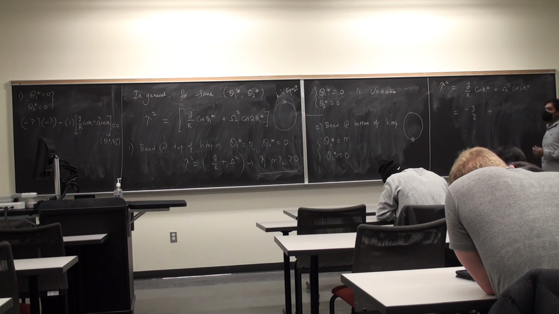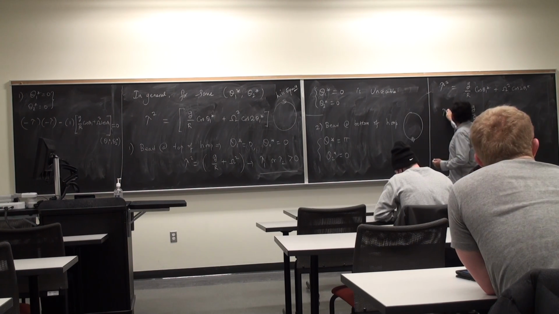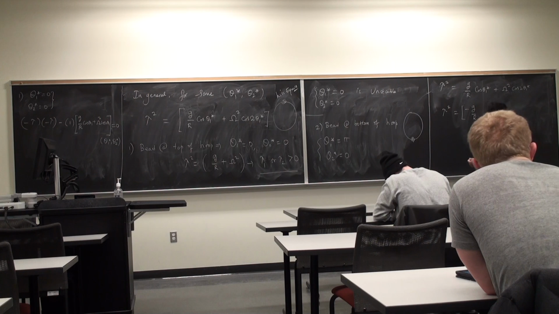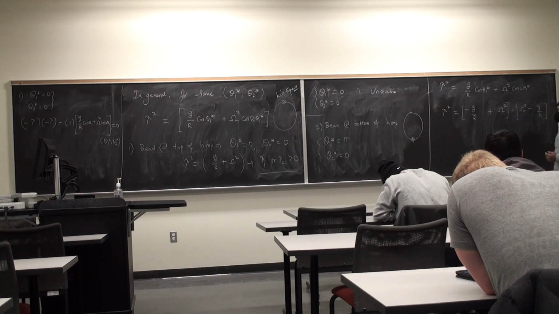And then cosine of 2 times pi is cosine 2 pi, which is an even function. So this is omega square only, omega square times 1. So this is lambda square. Or if I write it, this is omega square minus g by r.